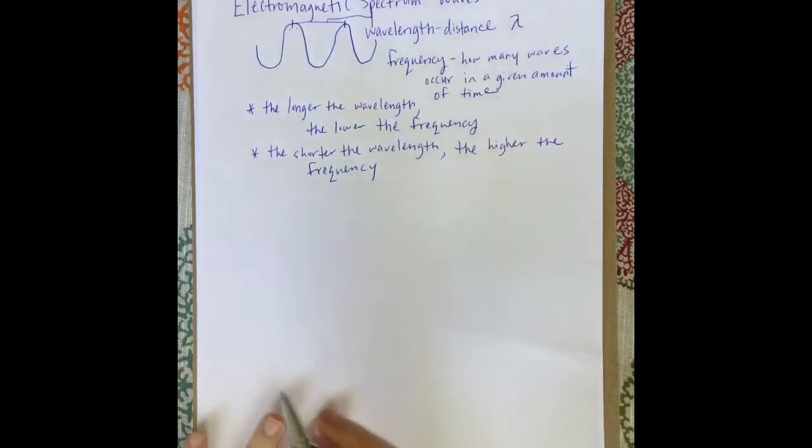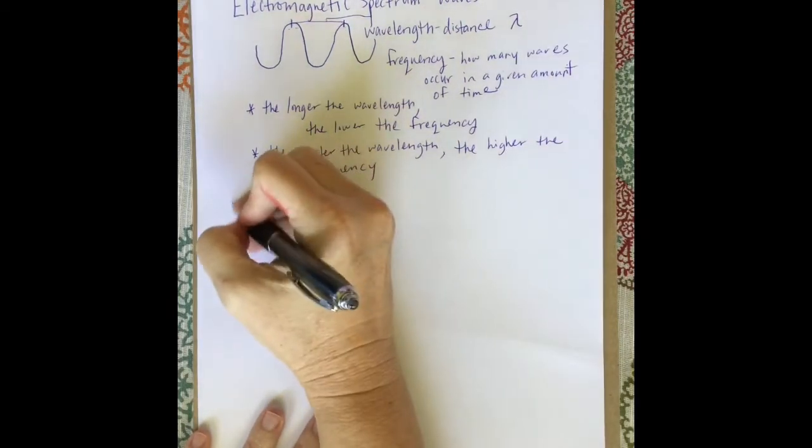So when we're talking about the electromagnetic spectrum, as you saw in the video, there are several different types of waves on the electromagnetic spectrum: radio waves, microwaves, visible light waves, infrared, X-ray, gamma. There are lots of different types, and the video explains each of them.